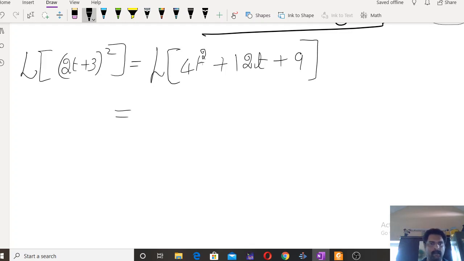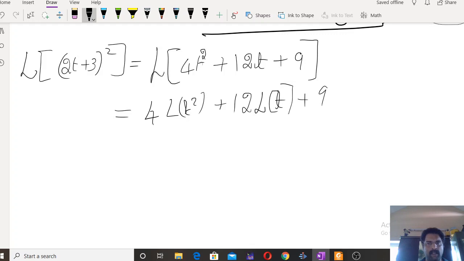Now by the linearity property of Laplace transform, it is 4 times the Laplace transform of t square plus 12 times the Laplace transform of t plus 9 times the Laplace transform of 1.